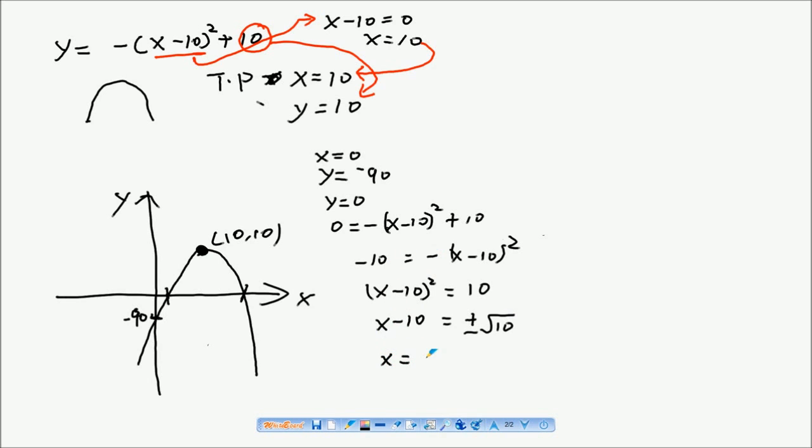So x will be 10 plus or minus the square root of 10. So x will be 10 plus square root of 10 or 10 minus square root of 10. The left x-intercept must be 10 minus square root of 10 here. The x-intercept on the right must be 10 plus square root of 10.